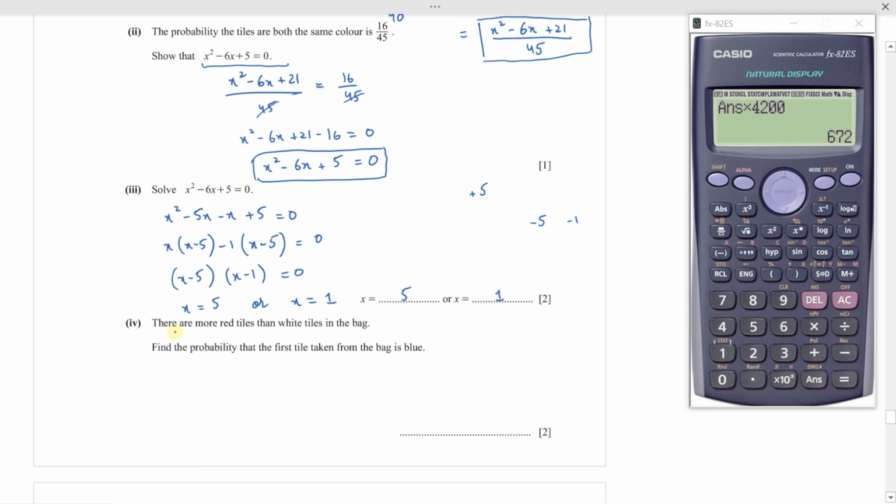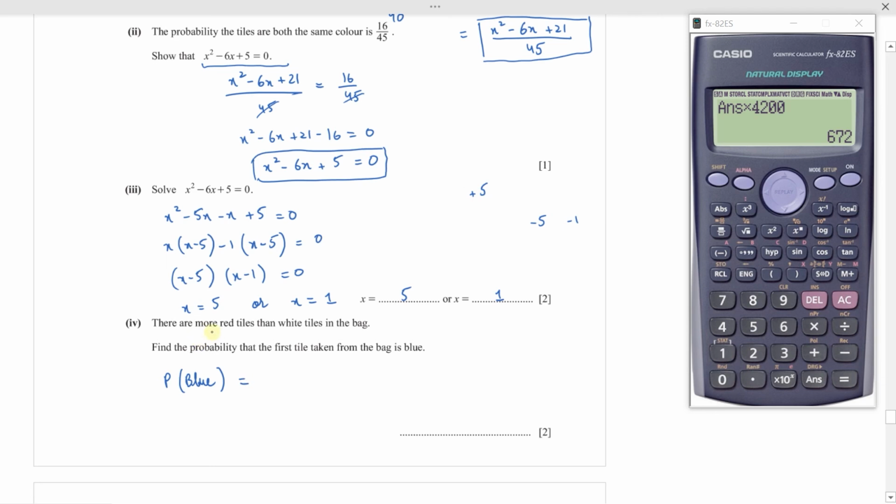Part 4 is there are more red tiles than white tiles in the bag. Find the probability that the first tile taken from the bag is blue. So basically you want to find the probability of getting a blue tile out of the bag when you pick the first one.